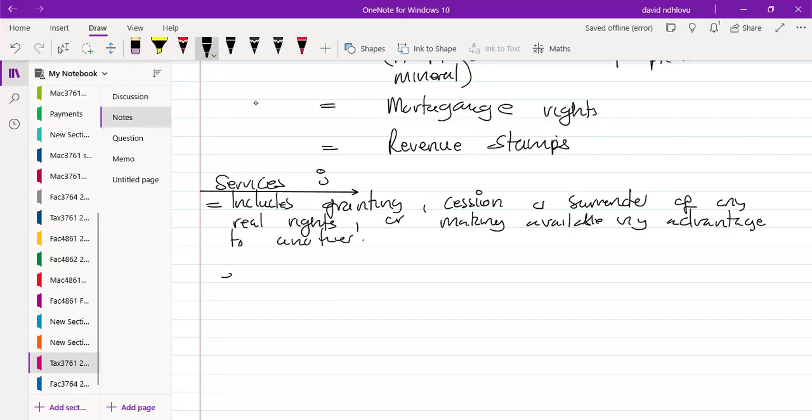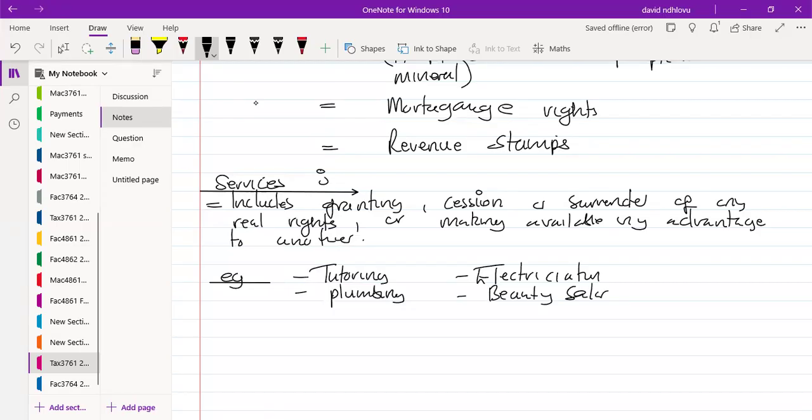But we can give examples of services. What I'm doing now, which is tutoring, that's a service. You can have plumbing, an electrician, a beauty salon, etc. You get the idea.